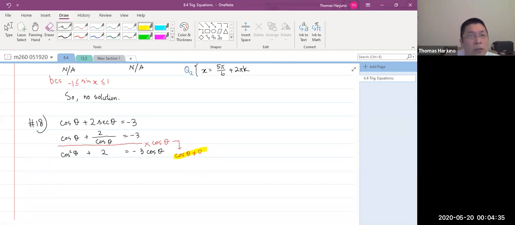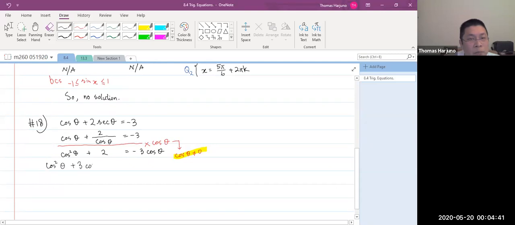And then I set one side equal to 0 because this is a quadratic-like equation. Then I factor: cosine theta plus 2 times cosine theta plus 1.